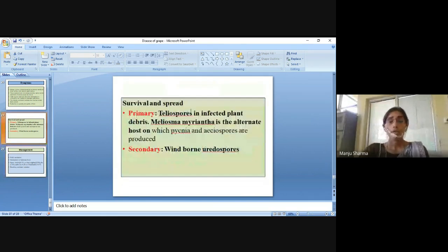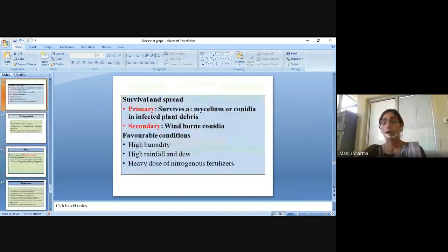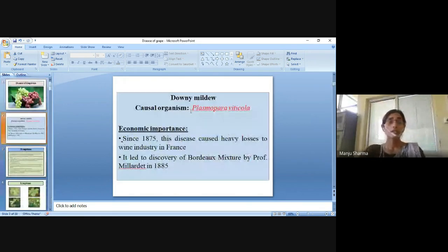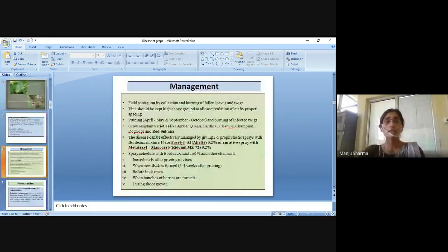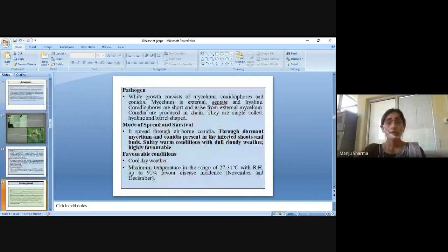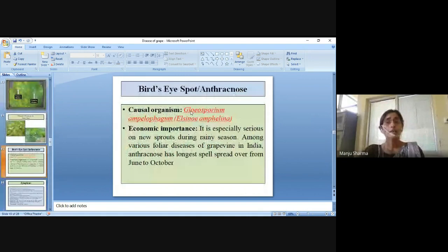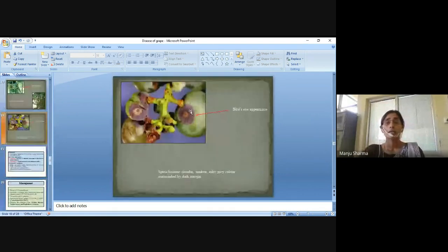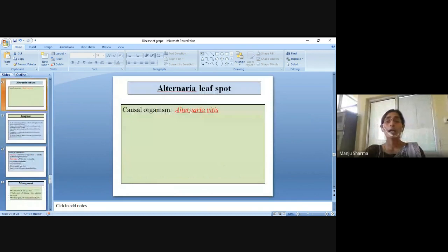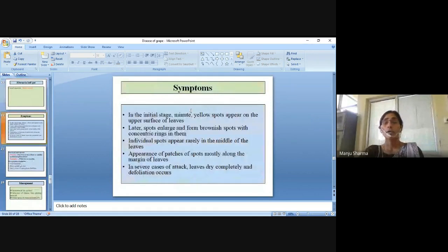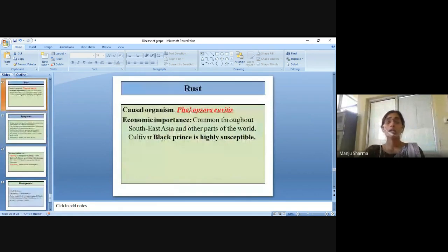So up to here, we covered all the diseases of grapevine: downy mildew, powdery mildew, anthracnose, alternaria leaf spot and rust disease.